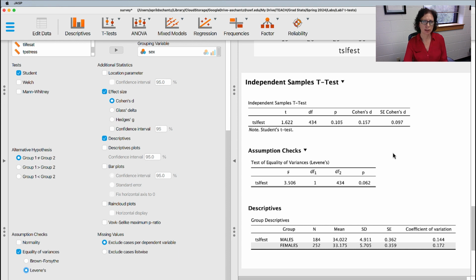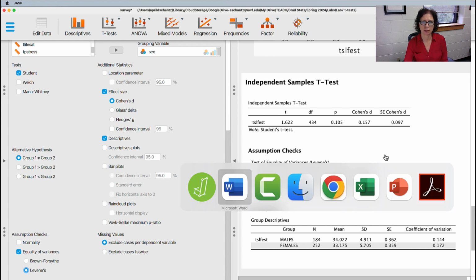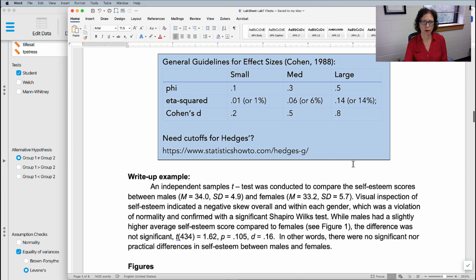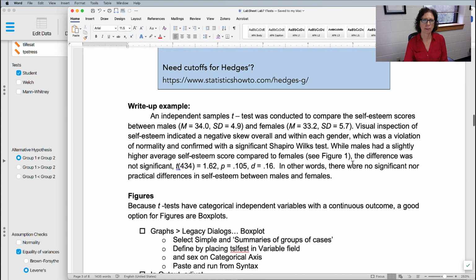So let's take a look at our write-up so far. We want to let the reader know what test was conducted and what it was about, like what variables are in it. We let the reader know about our check of assumptions in terms of the normality issue. And we let the reader know the results of the test.